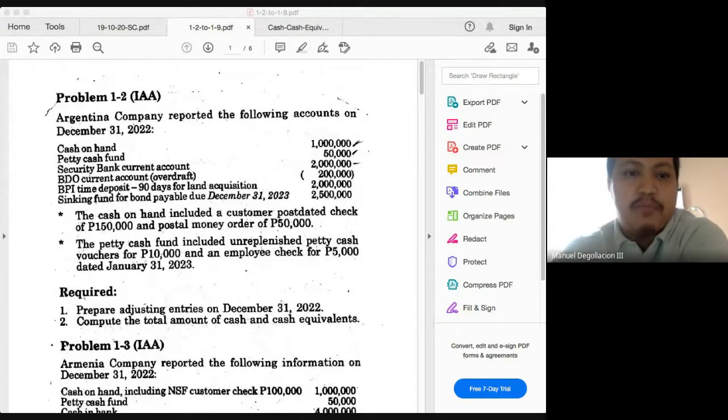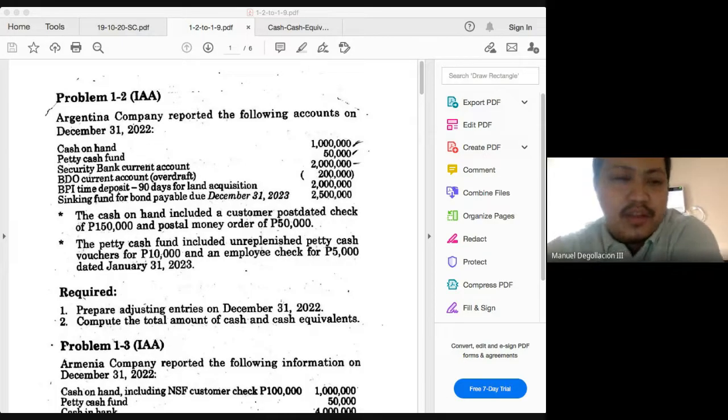Sinking fund for bond payable due December 31, 2023. This is one of the things I want to emphasize. It's not always that if it is for a bond payable, the fund will automatically be treated as being set aside for a long-term use. You have to determine the current classification. You have to determine the updated classification of the bond payable.